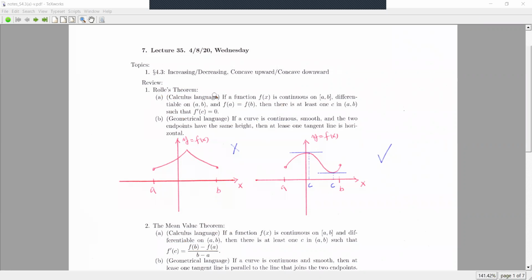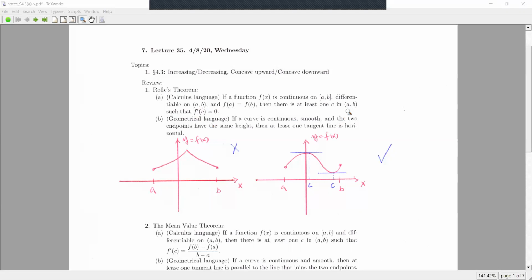Rolle's theorem. If a function is continuous on a closed interval, differentiable on this open interval, and function value at the two endpoints are equal, then there is a c in this open interval such that derivative at c is 0.